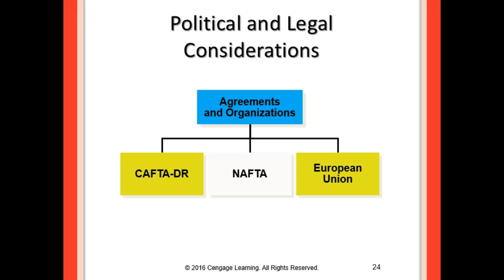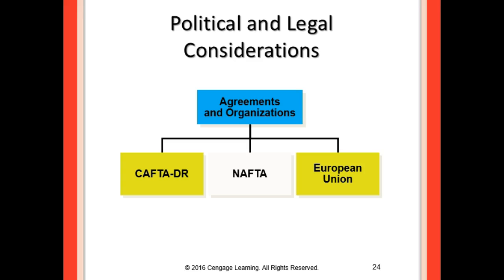So if you see the first one there, Central America Free Trade Agreement, and then the DR stands for Dominican Republic. This one began in 2005. It's going to reduce tariffs, which are taxes again, to the Central American countries, and that includes the United States, Costa Rica, Dominican Republic, El Salvador, Guatemala, Honduras, and Nicaragua.